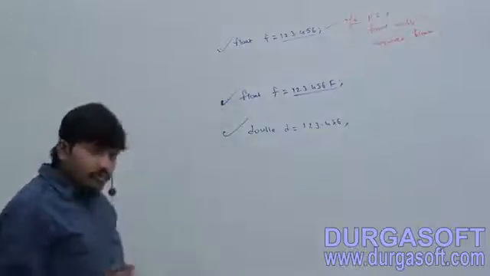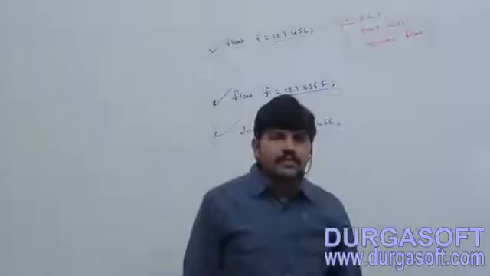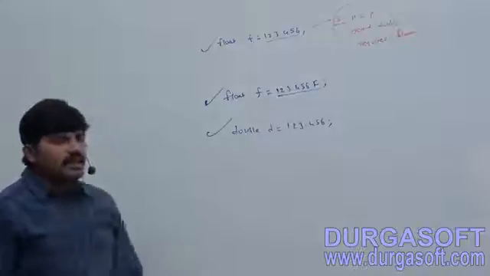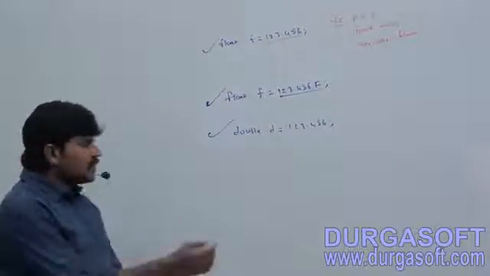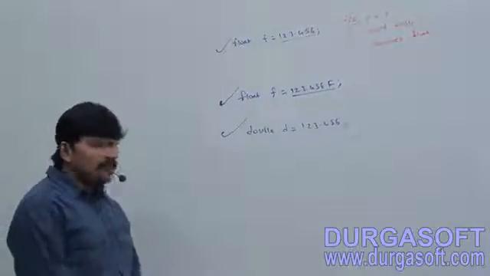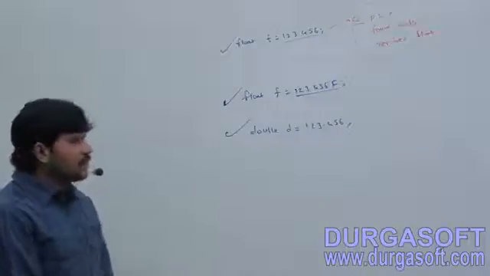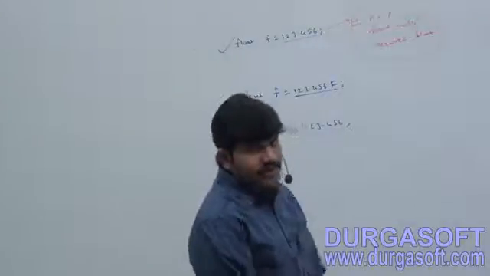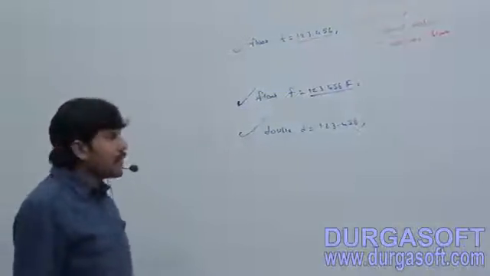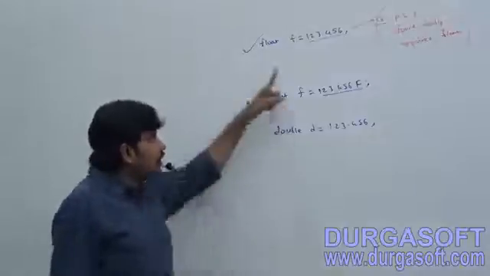But we can specify a floating point literal as float type by suffixing with small f or capital F. Take these examples.